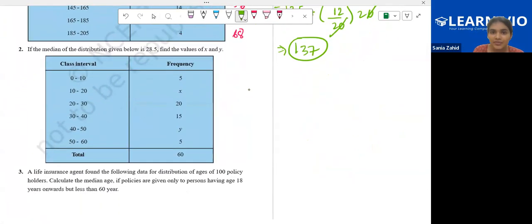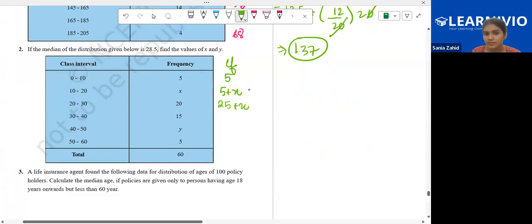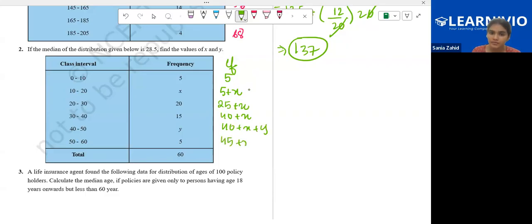Now here, tell me the CF values. 5 plus x. 25 plus x. 30. 40 plus x. 40 plus x plus y. 45 plus x plus y.